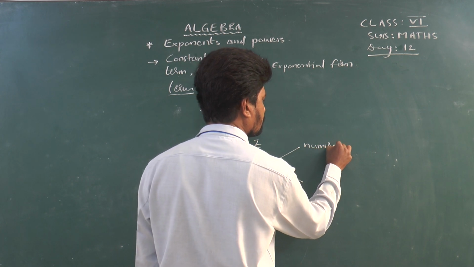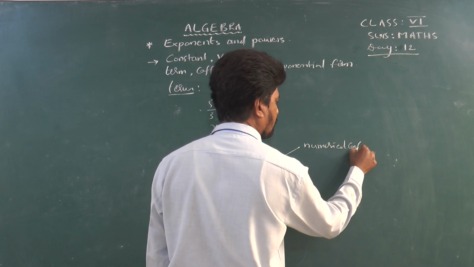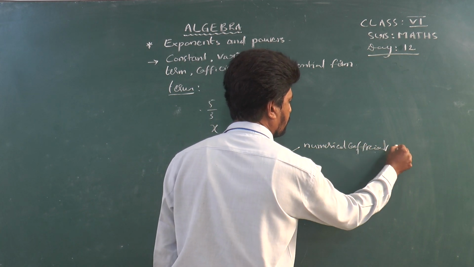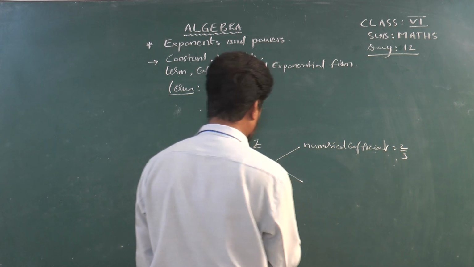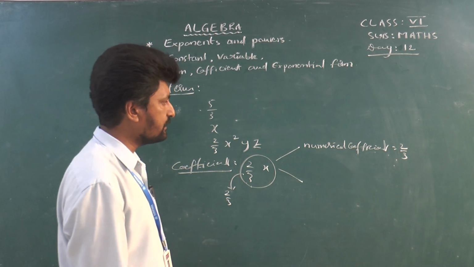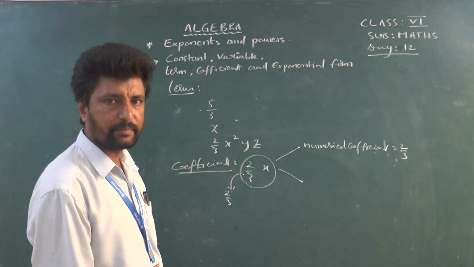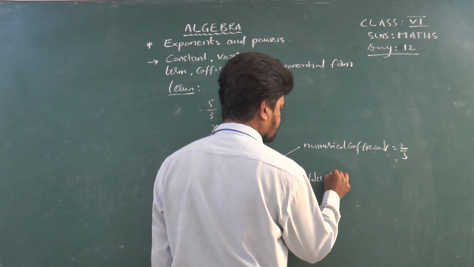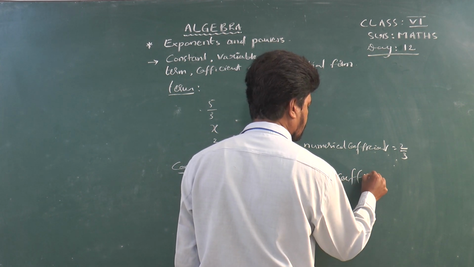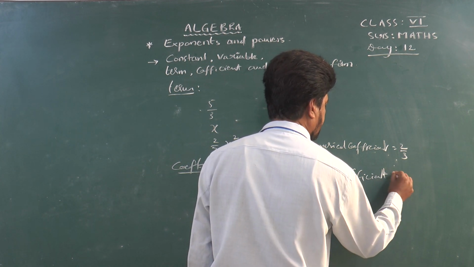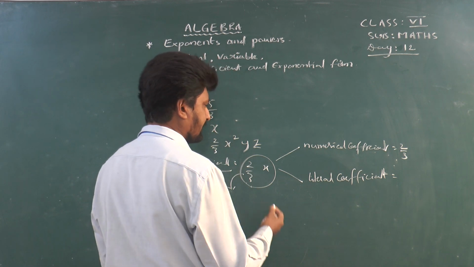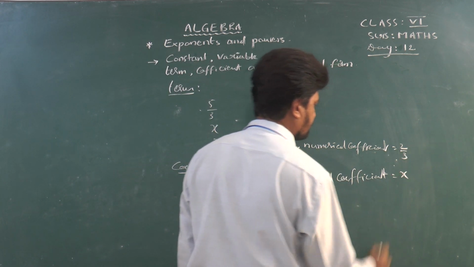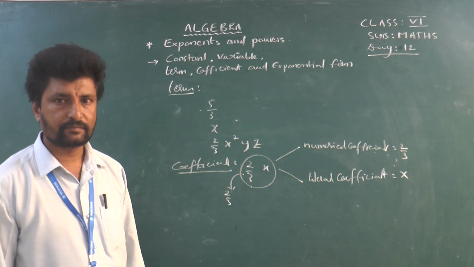Here it is 2 by 3. 2 by 3 into x is a term. In that, the numerical coefficient is nothing but 2 by 3. And the literal coefficient: except the numerical coefficient, the other factor is called the literal coefficient.